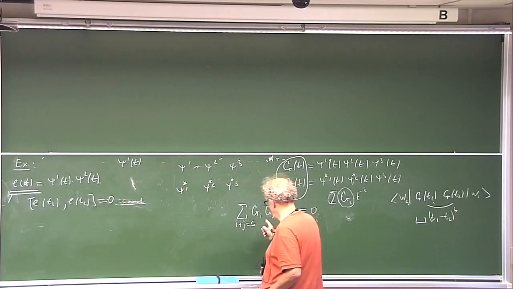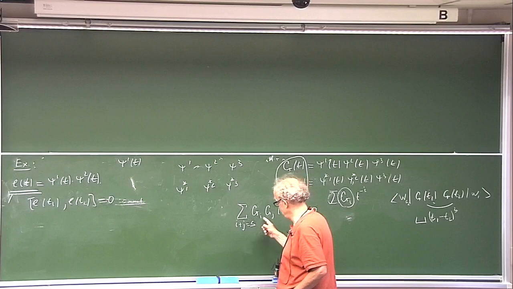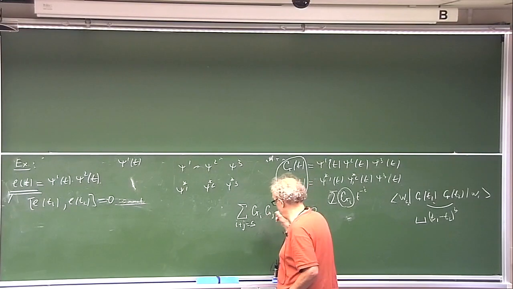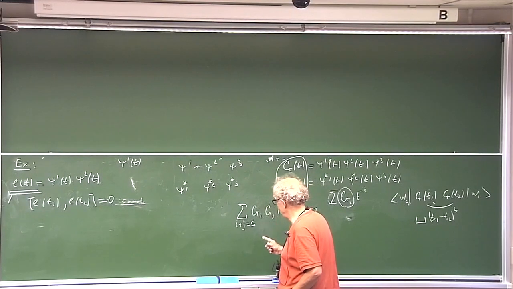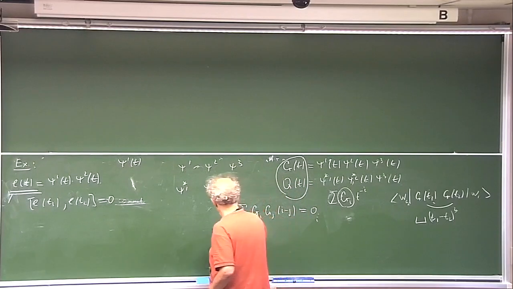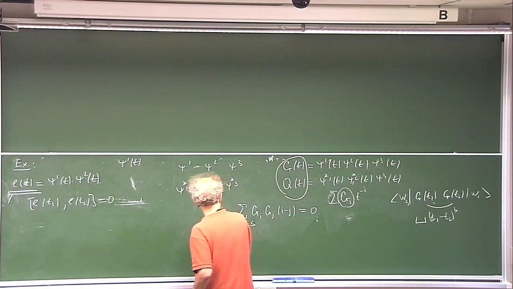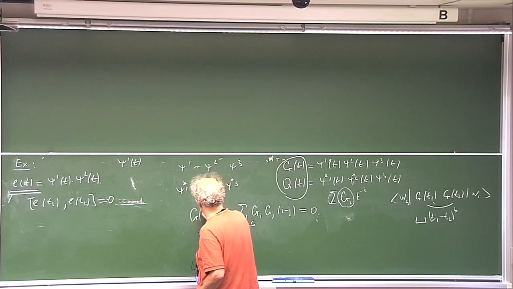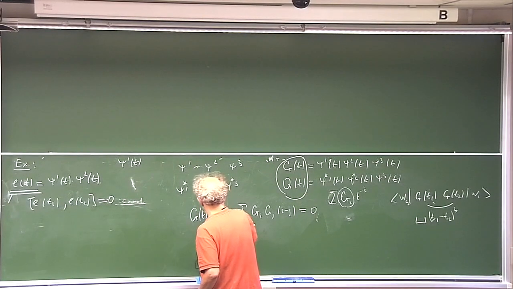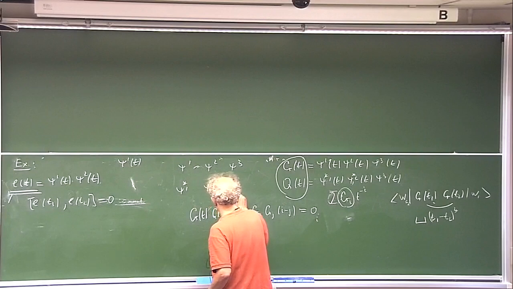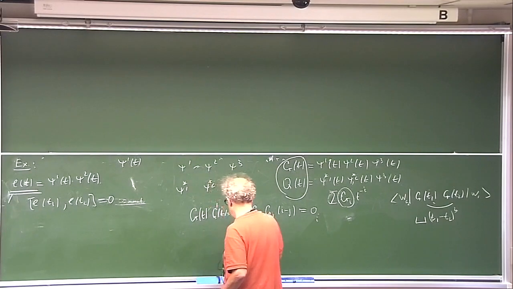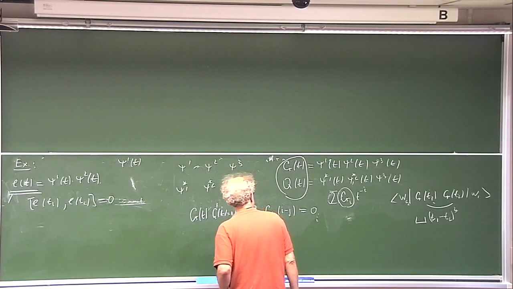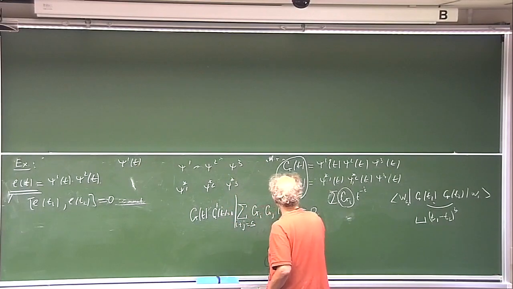So it is a relation of such kind which this operator satisfies. And in terms of generating function, it means that G(t) times G'(t) is 0. And the similar story with Q.